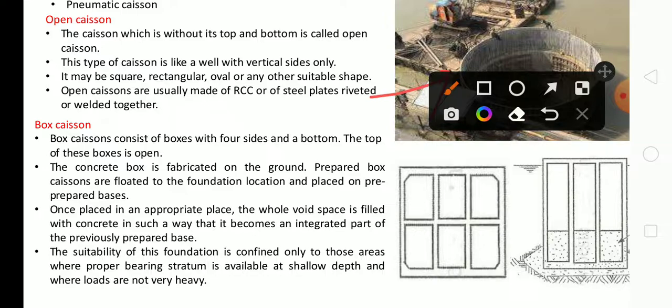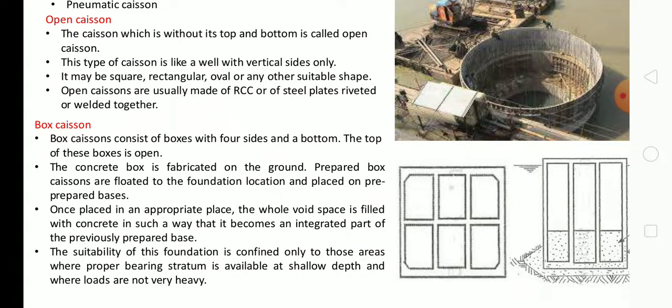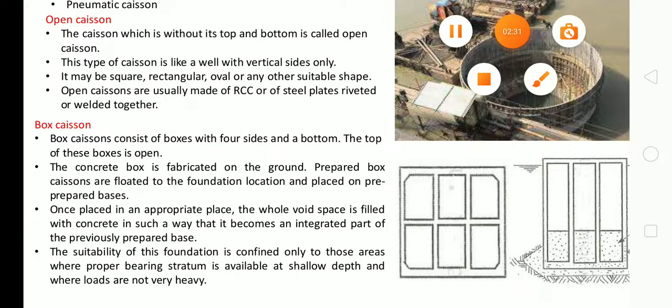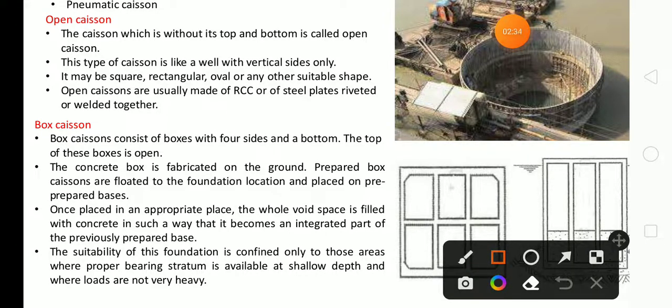Box caisson consists of boxes with four sides and a bottom. The top of the boxes is open. In a box caisson only the top of the box is open, but in an open caisson the top is open and the bottom is also open. So this is the basic difference between open and box caisson.